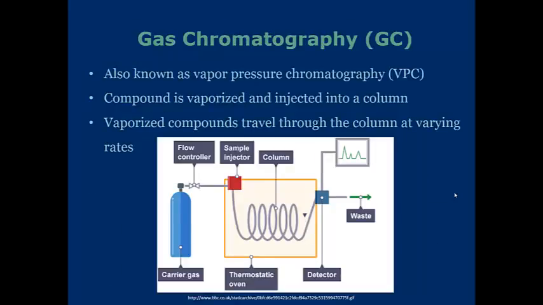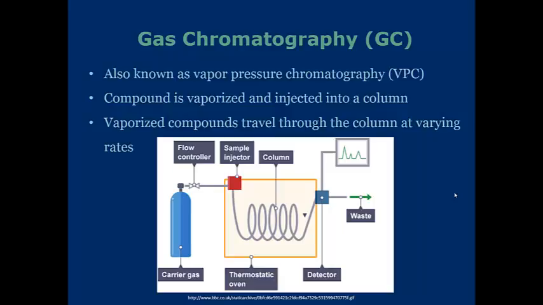The next two methods we're going to go into are a little bit more complex forms of chromatography, and they're often used with a computer. The first is gas chromatography, or GC. This is also known as vapor pressure chromatography. The compound is vaporized and injected into a column. The vaporized compound then travels through the column at varying rates.